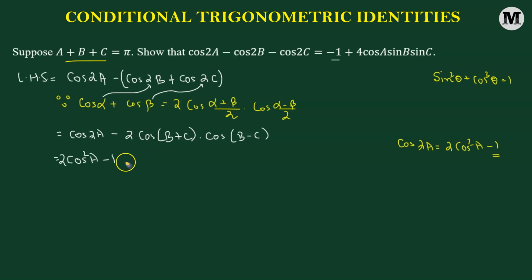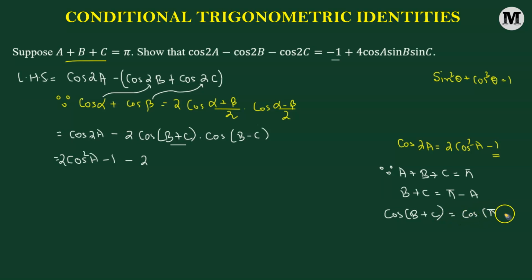Now coming to -2 times cosine of b plus c, we're going to work with b plus c as well. Since we know that a plus b plus c equals pi radians, let's keep the second term and the third term on the left hand side and transpose the first term, which is a, to the right hand side to get pi minus a. Now we're going to take the cosine on both sides, such that cosine of b plus c is going to be equal to cosine of pi minus a.